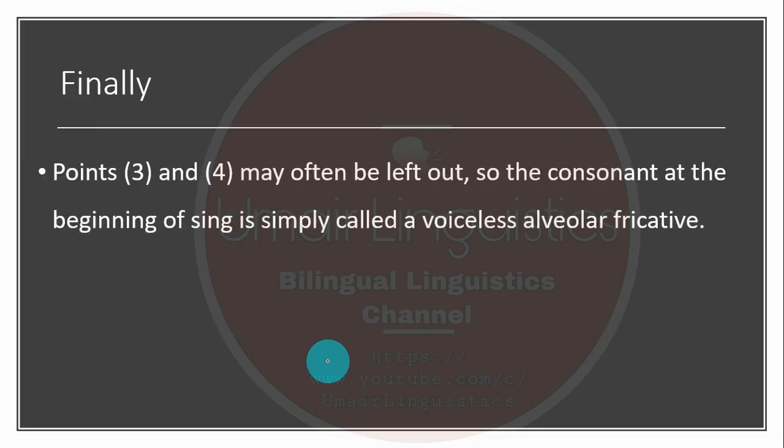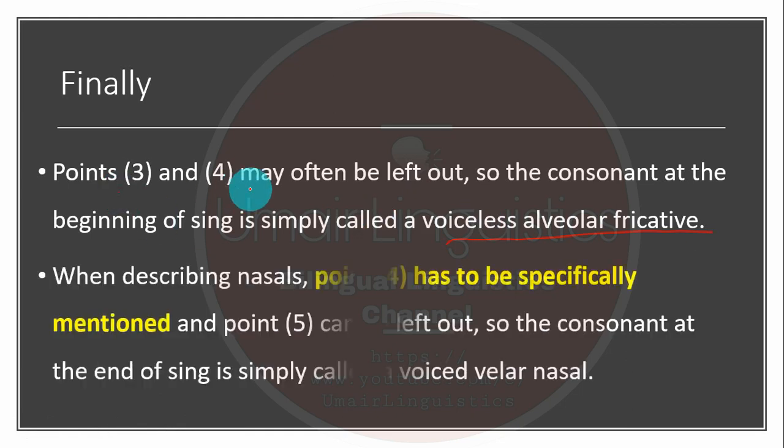Sometimes points 3 and 4 may be left out. So the consonant at the beginning of sing is simply called a voiceless alveolar fricative. In other words, we can skip whether it is oral and whether its articulation is central or lateral.